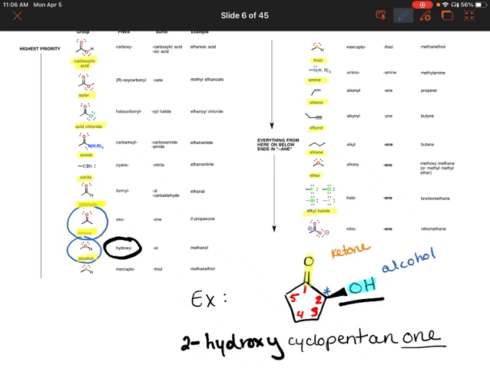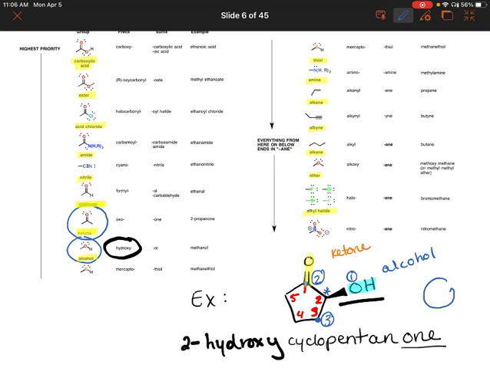All right, so what would get first priority? The oxygen. And then what would get second priority? Carbon 1 or carbon 3? Carbon 1. And hydrogen's in the back, so we don't have to worry about that.